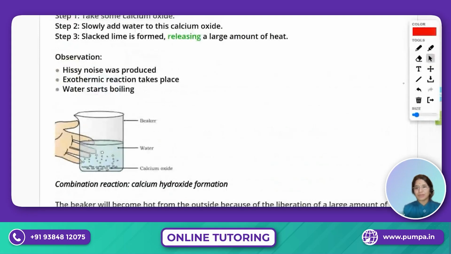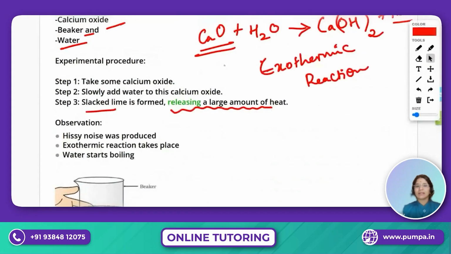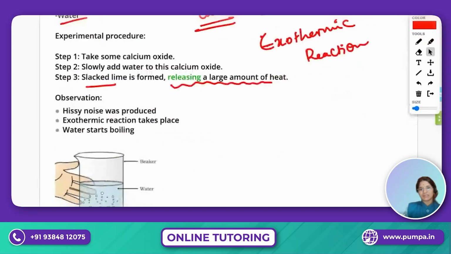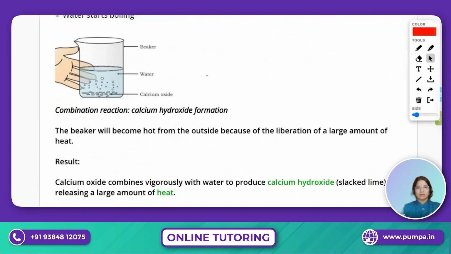Note this down: calcium oxide and water combine and form a single compound, calcium hydroxide. Two different substances combine to form a single compound. So this is an exothermic reaction. Sorry, this is a combination reaction. Got it, everyone?